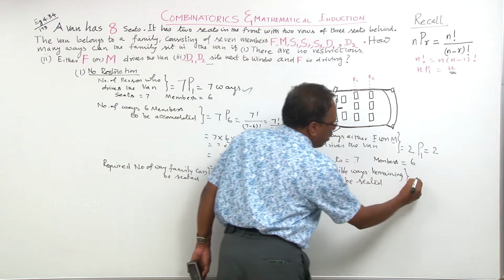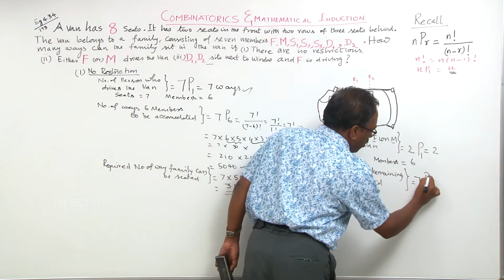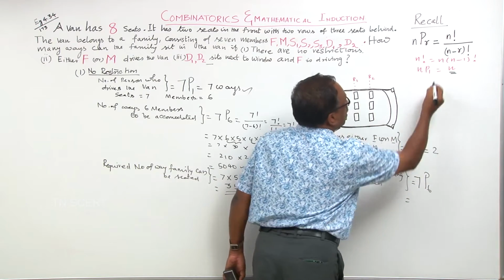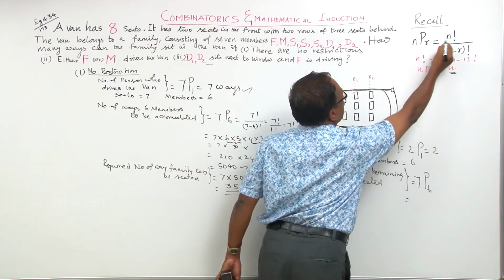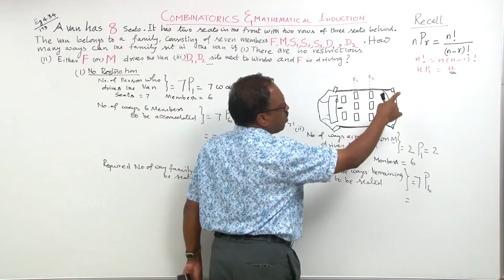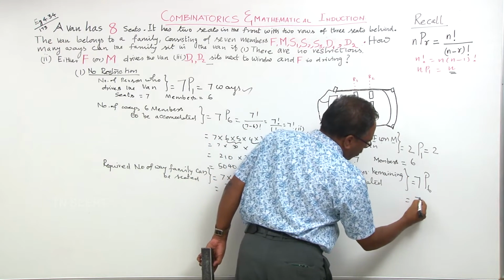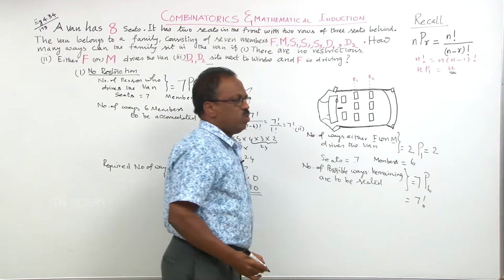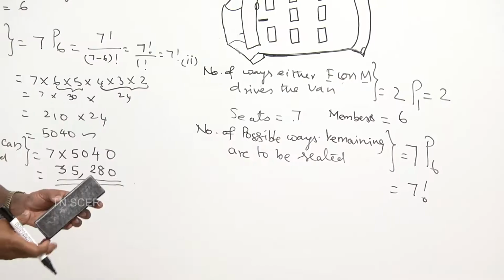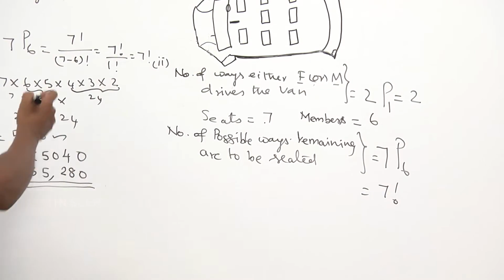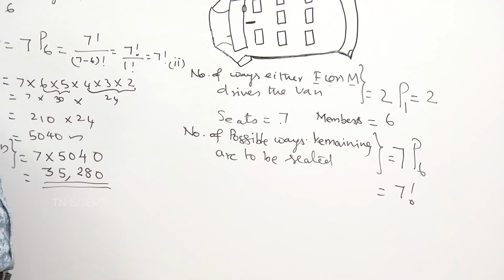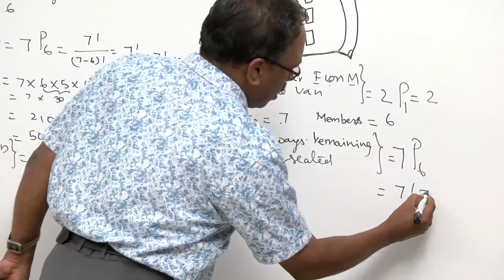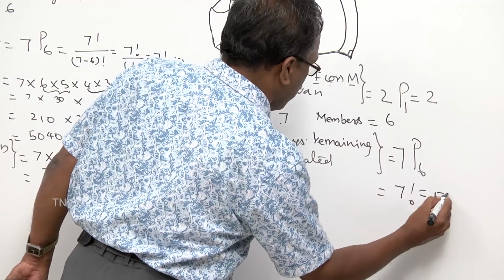So now the total number is 7 seats and the places are 6. So here also we are going to take it this way. 7 factorial by 1 factorial, which is 7 factorial. 7P6 is nothing but 7 factorial, so the answer is 5040.